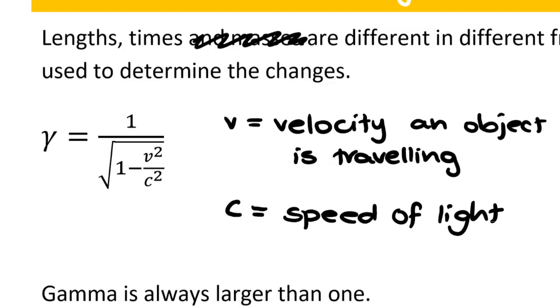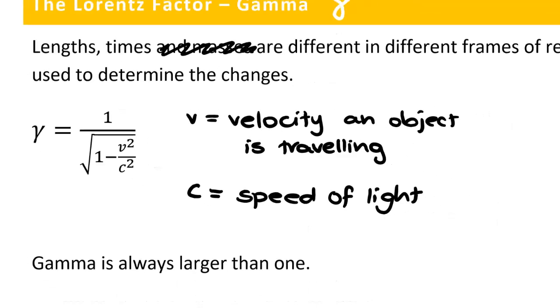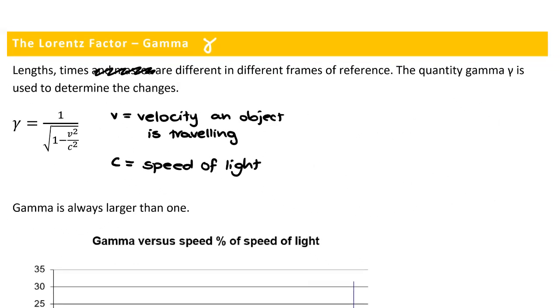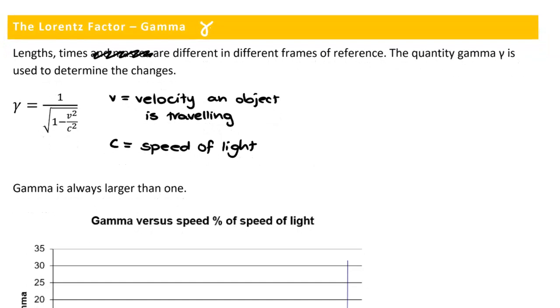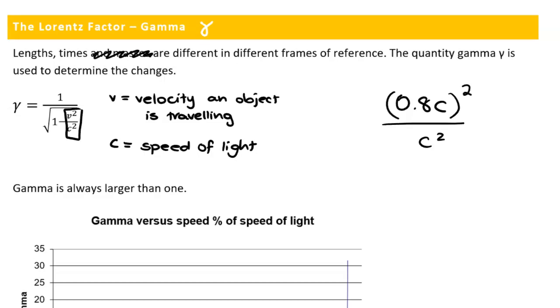Now the really cool thing about the ratio as it's written is we've been dealing with a lot of velocities as a fraction of the speed of light. So, for example, we talked about things last lesson where we said something was going at 0.8 c. If we just look at this portion here, v squared over c squared, that ratio is going to give us whatever 0.8 squared is, times c squared over c squared.